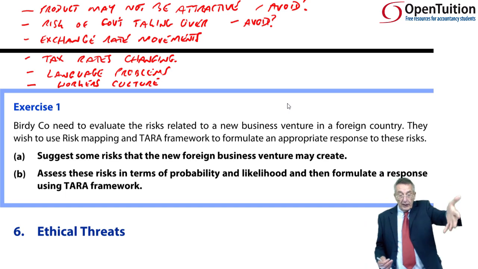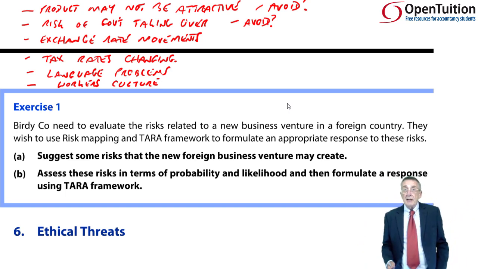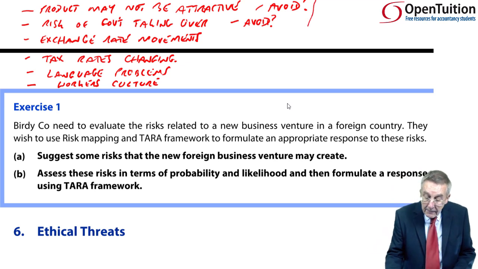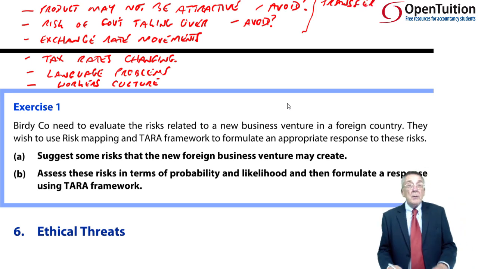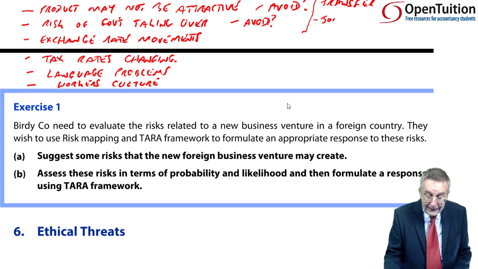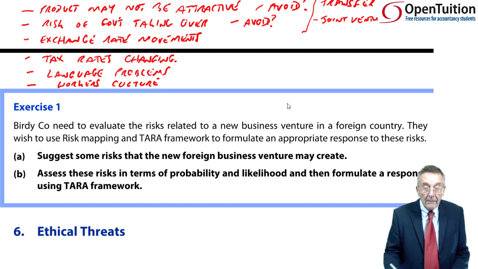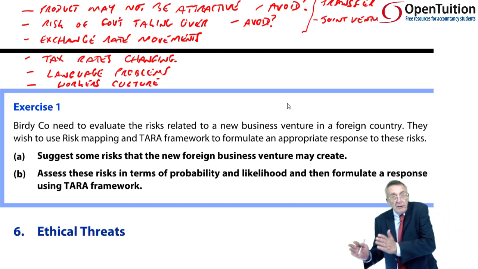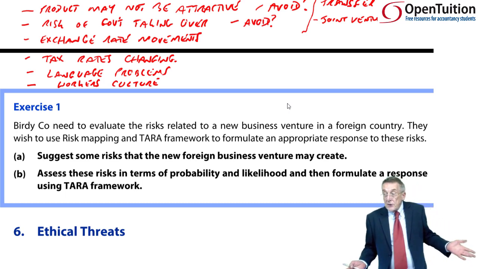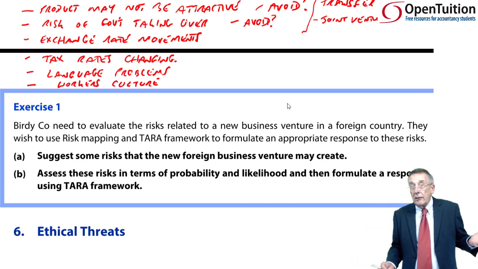so if it's not attractive, the government take over, obviously the impact potentially huge. But if I think the probability is low, I may decide to try and transfer some of the risk. And the way we could do that, perhaps, is have a joint venture with a local company. Transferring some of the risk. We're no longer having to take all the risk. We lose some of the reward, obviously. There's the trade-off.